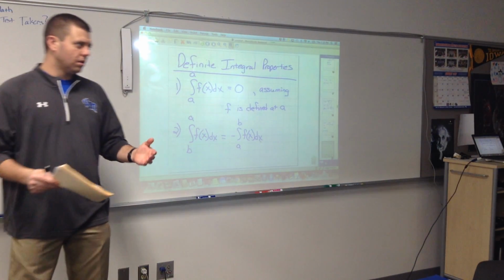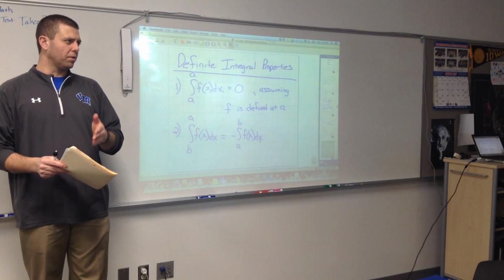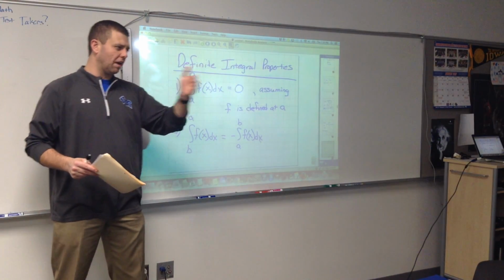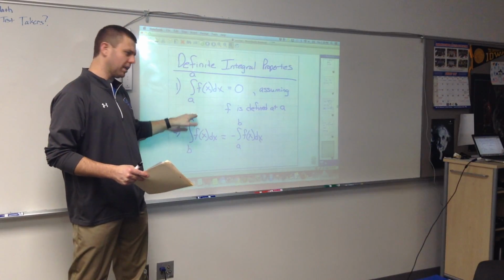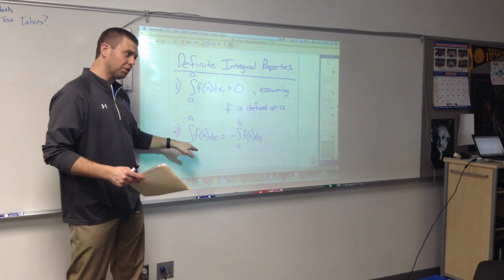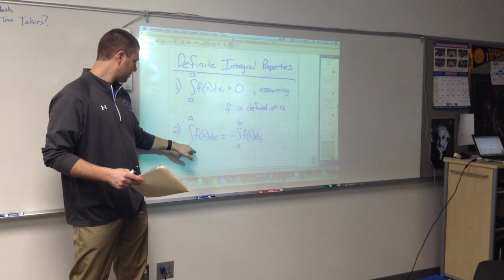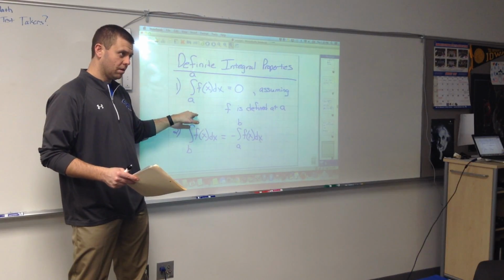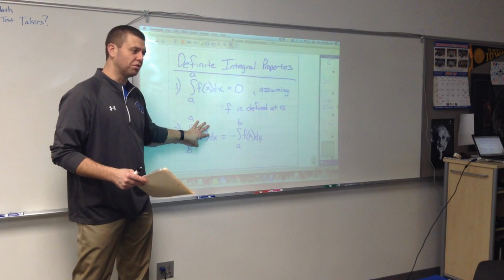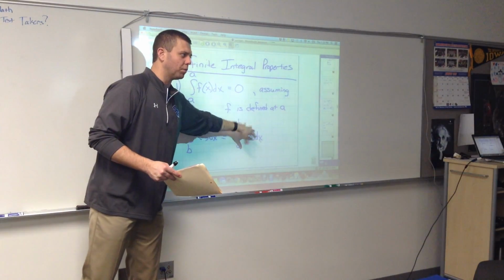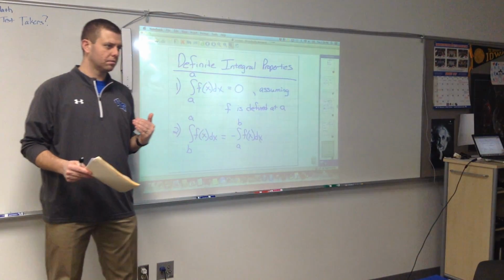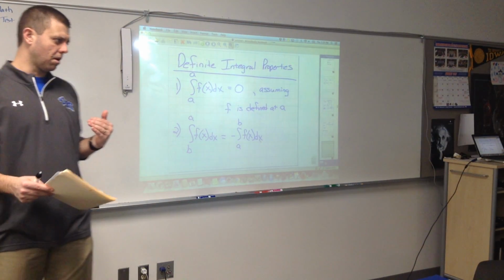Okay, so this is just to help you understand that always try to go left to right, small to big, but if they ever ask you for big to small, understand your answer you get will just be the opposite of what it would have been had you done small to big. Okay?